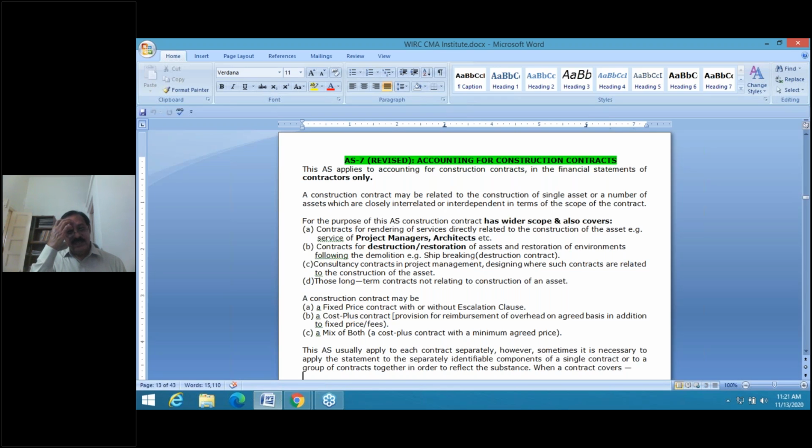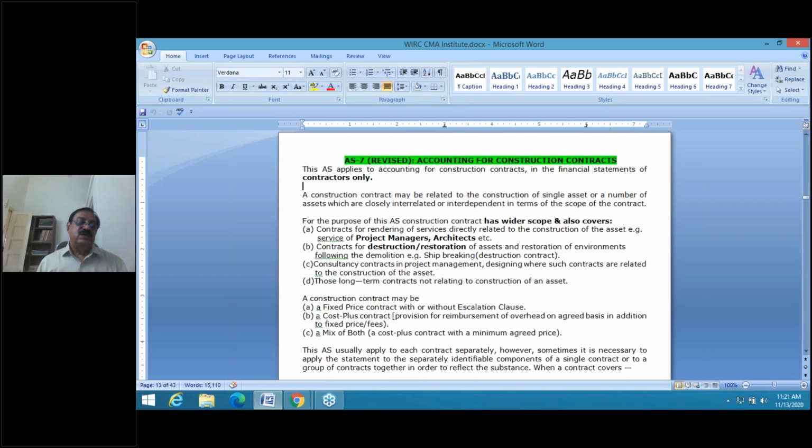These two have been combined now, and the new Ind AS 115 has been formed by the Institute. Now this is covered under Ind AS 115, Revenue from Contracts with Customers. That is the heading. So both your AS 9 normal revenue and construction revenue are combined and coming under the purview of Ind AS 115.